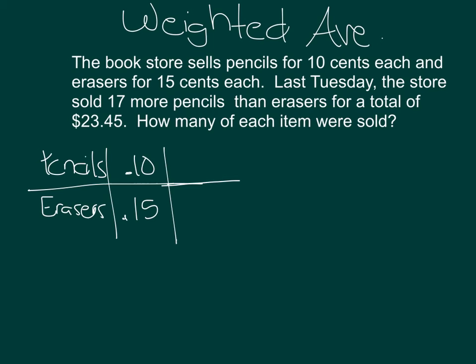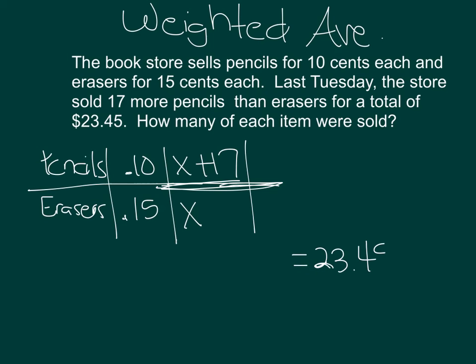And then the next one talks about the quantity. We sold 17 more pencils than erasers. So if I put X for erasers, we're going to put X plus 17 for pencils. And the only other thing I know about this problem is how much total money was collected from erasers and pencils. So I know that that's going to be after my equal sign in my problem. So that's the equals 23.45.